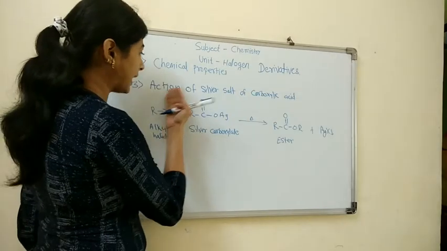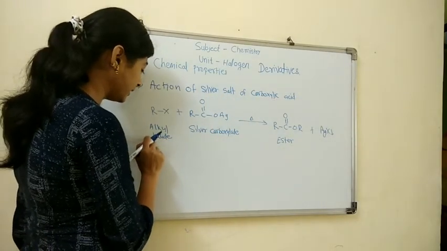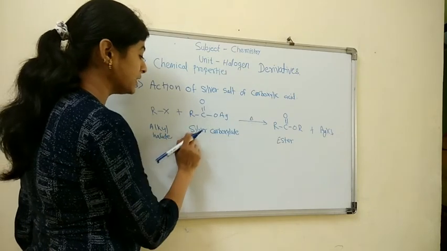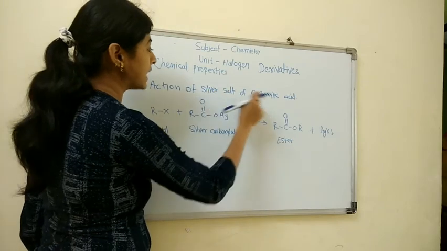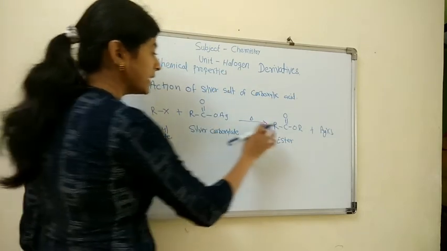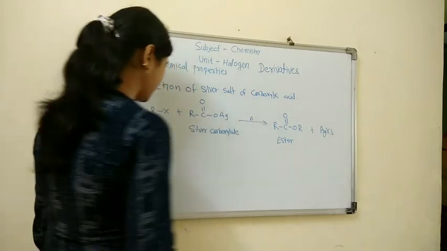Next is action of silver salt of carboxylic acid. When an alkyl halide is heated with silver carboxylate, in other words, silver salt of carboxylic acid, an ester is obtained plus AgX is precipitated.